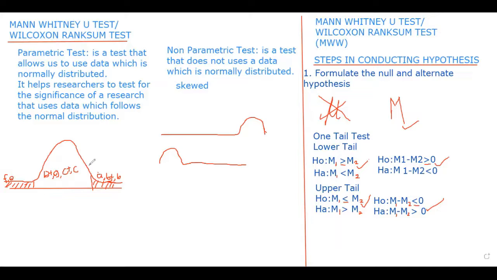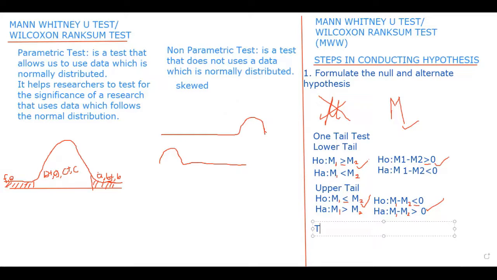All right. So now let's look at the two-tailed tests. What can you use to identify whether this is two-tailed or one-tailed? There's one sign that differentiates between one-tailed and two-tailed.